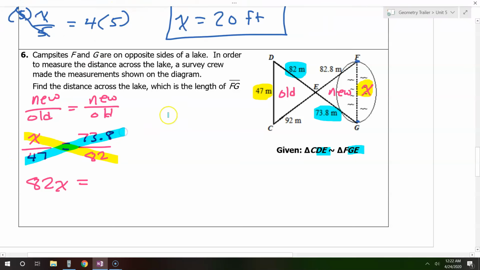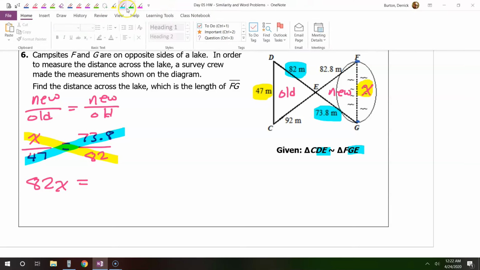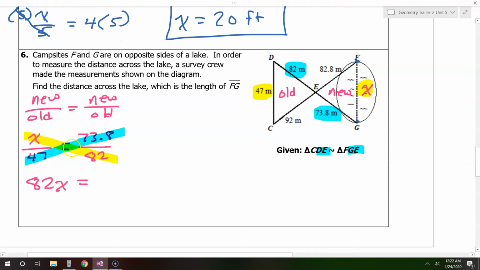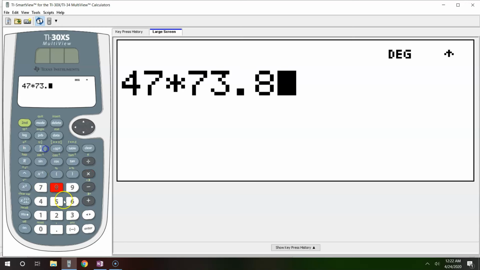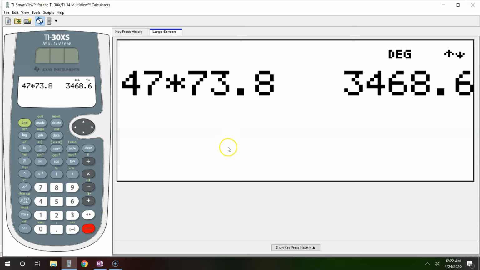Now, if we look at this diagonal, 47 times 73.8, which is 3,468.6.